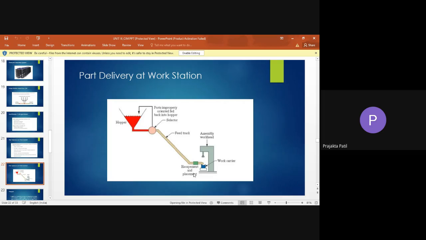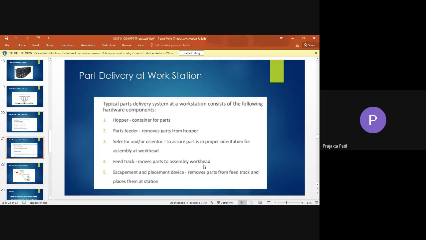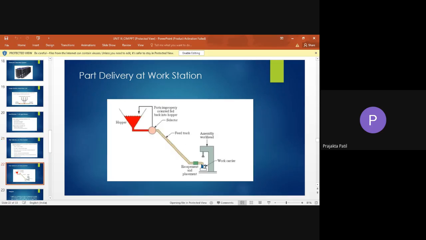And these escapements and placements take it out from this feed track and place it on this base part for assembly. So the hardware components of a typical part delivery system are hopper, part feeder, selector and orienter, feed track, escapements, and placement devices. Now let us see all of these one by one.